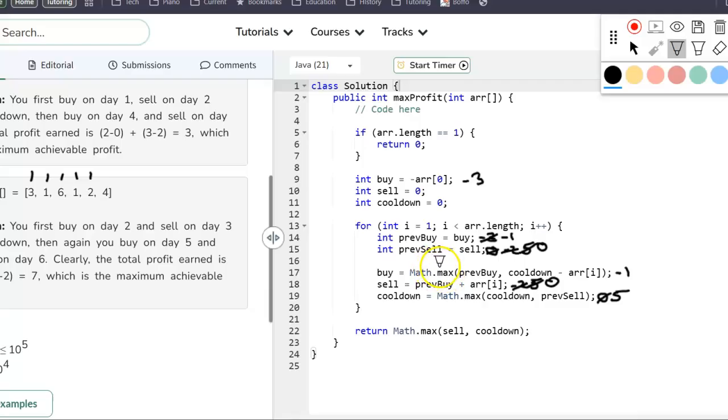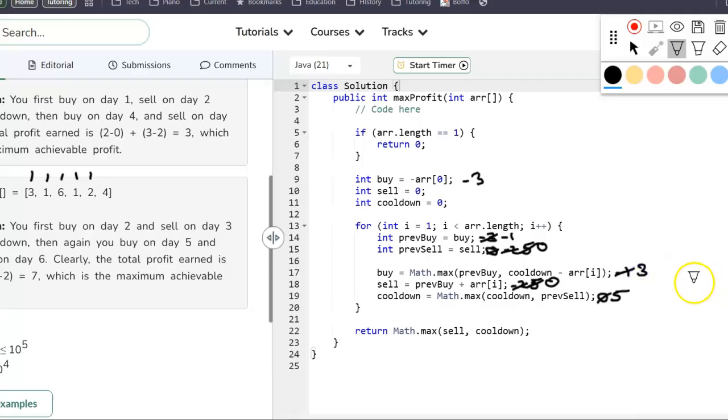Buy. All right, so if we buy on this day, we get the max of previous buy, which is -1, or cooldown minus array at I, which is 2. 5 minus 2. That's actually better. So 5 minus 2 is 3.